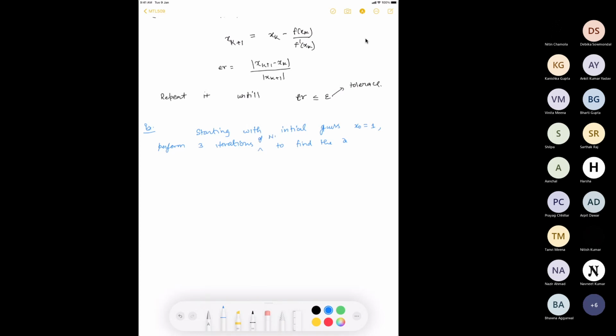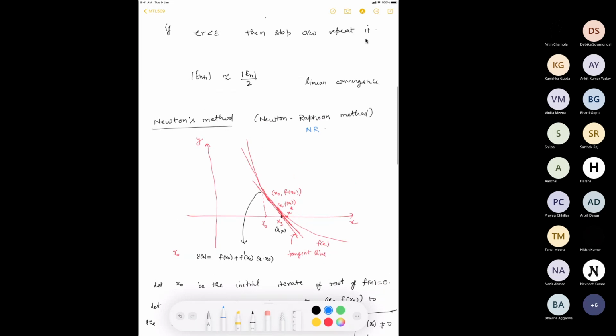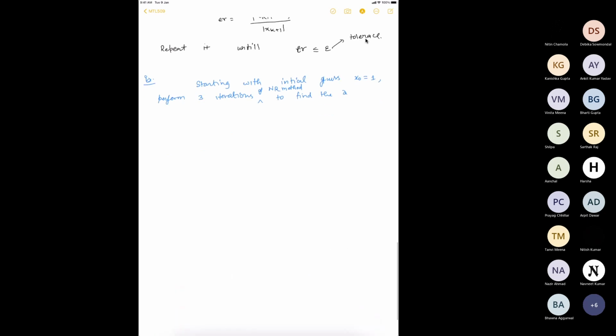I'm going to use NR as a shortened notation for the Newton-Raphson method. So we are going to find the root of this nonlinear equation f(x) equals x minus exponential of minus x, equal to 0.